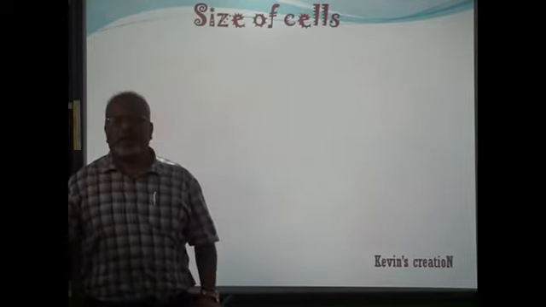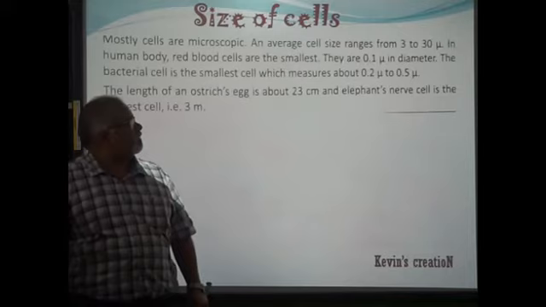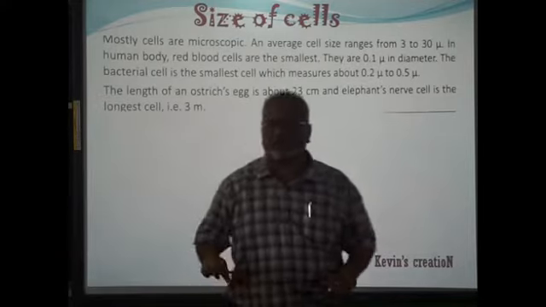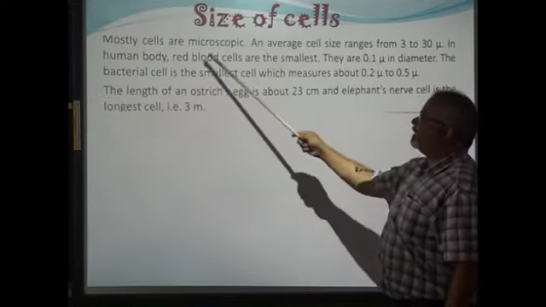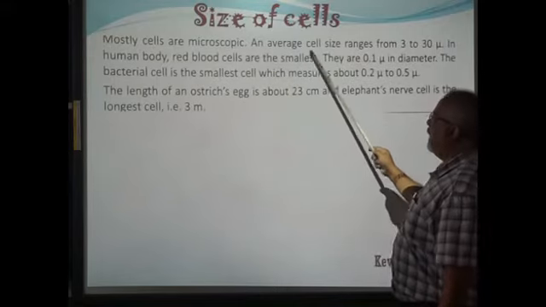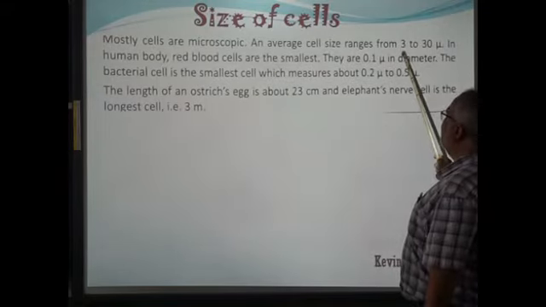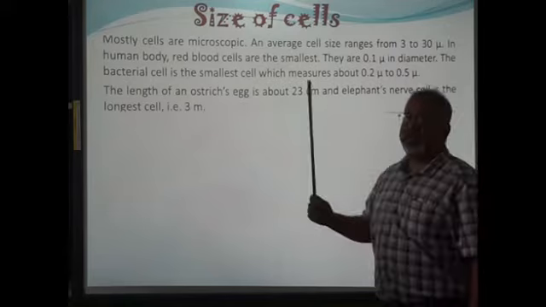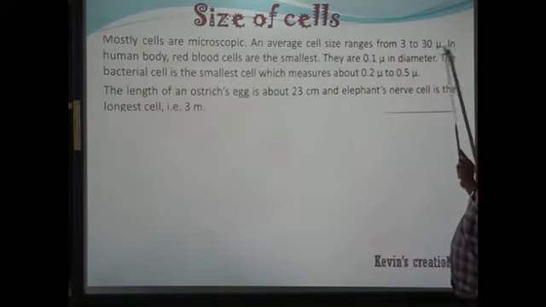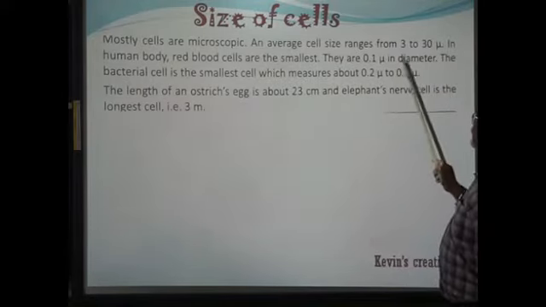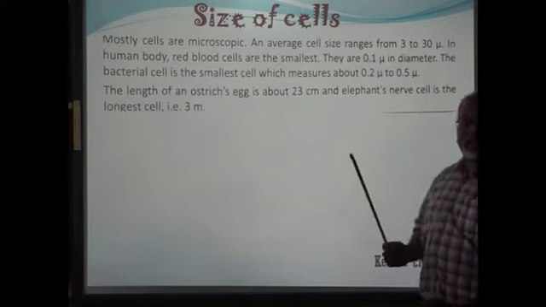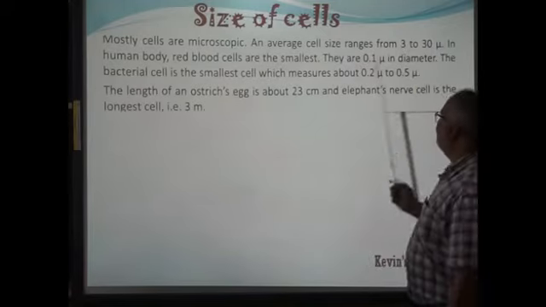That is why they are called microscopic cells. Mostly cells are microscopic and the average cell size ranges from 3 to 30 micron or micrometer. So only 3 to 30, it is less than a millimeter.